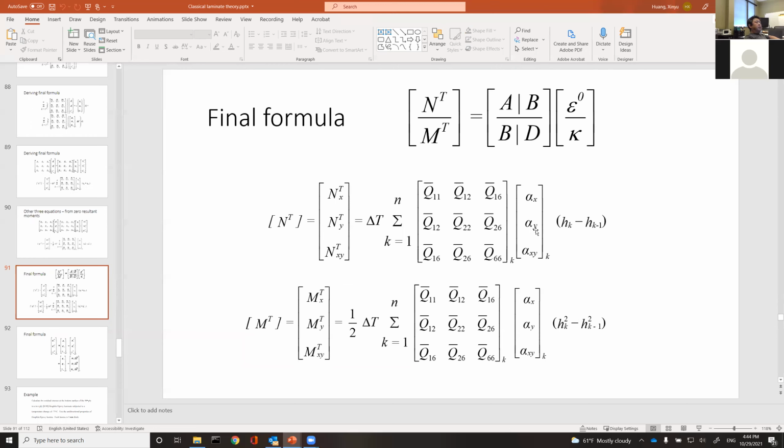You have alpha of each layer, K is each layer, and you multiply the Q bar stiffness matrix, multiply the thickness, and sum, and you get the NT matrix. And here you get the MT matrix in a similar way, but you multiply different parameters. You multiply this squared difference. You also multiply delta T, so you also need to know delta T.